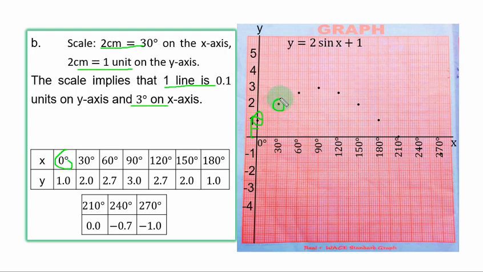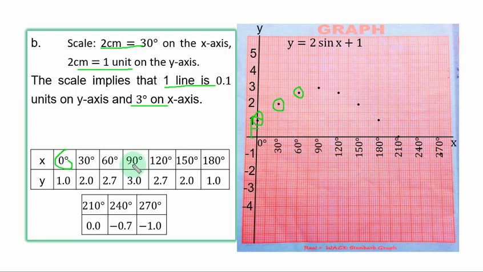When s is 60 degrees, y is 2.7. Now, we've stated that on the y-axis, one line is 0.1. From 2, if you count 7 lines upward, you have 2.7. That is somewhere here. You plot it against 60 degrees.